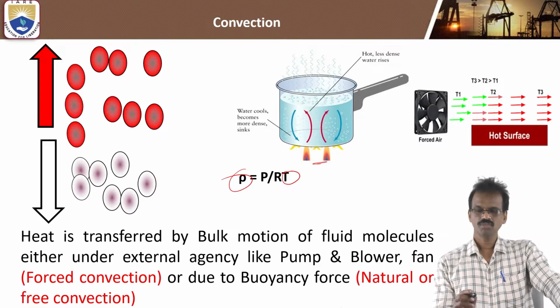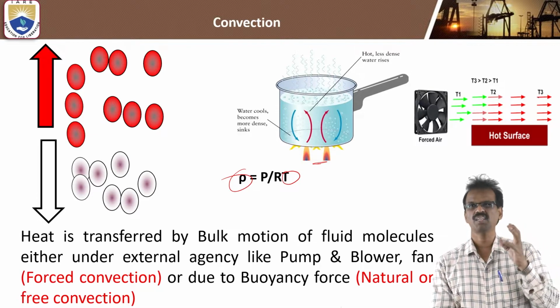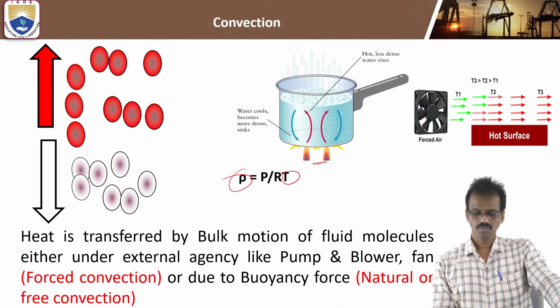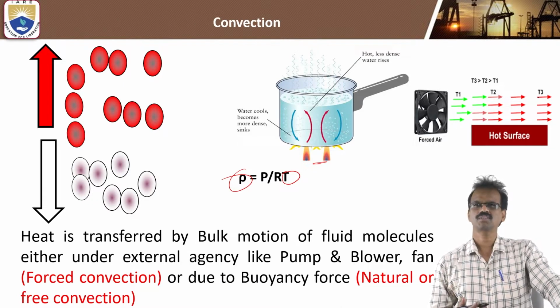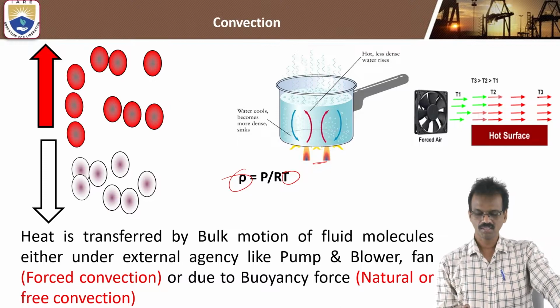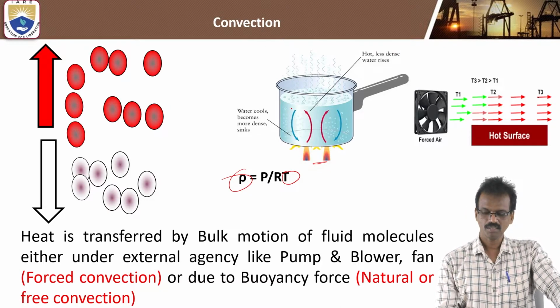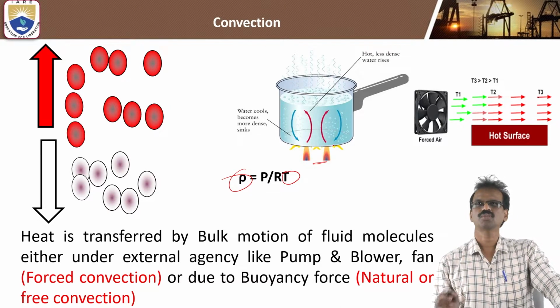Next, the density of the particles which are heated will decrease. When the density of those particles decreases, the less dense particles come to the upward direction, and the heavy dense particles come into the downward direction.